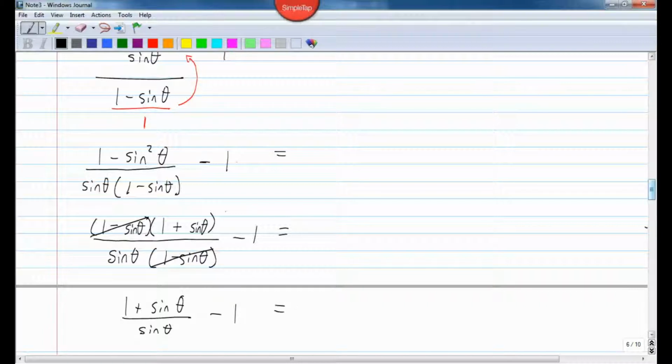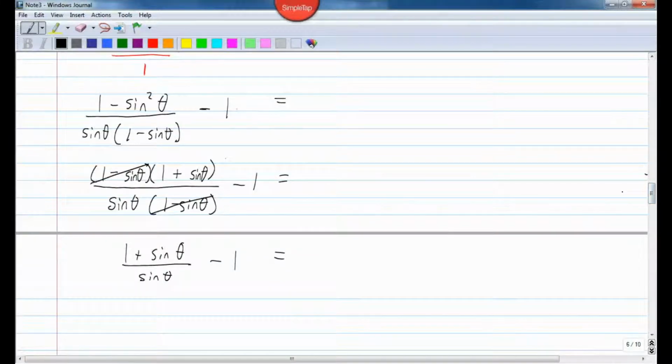Now the next part you can do one of two ways. You can either get a common denominator and put these two terms together, or you can use term-wise division and break this fraction into its two pieces. If I broke this fraction into its two pieces, that would be 1 over sine theta plus sine theta over sine theta, minus 1.